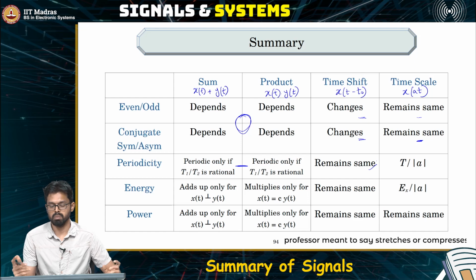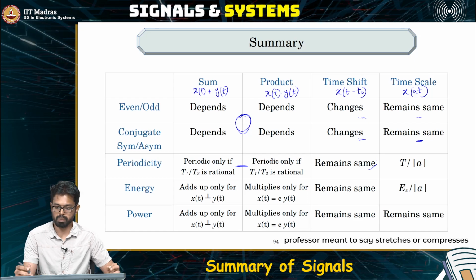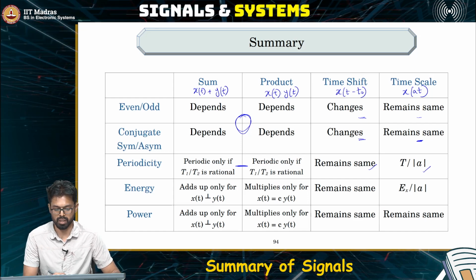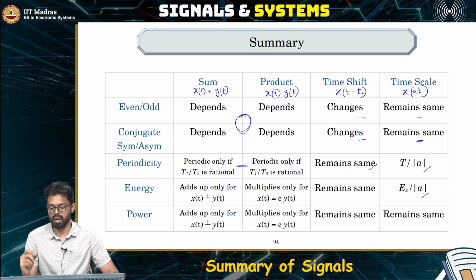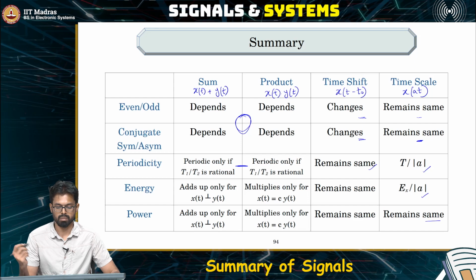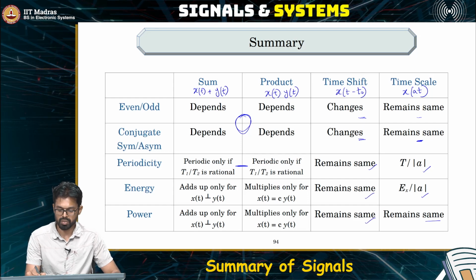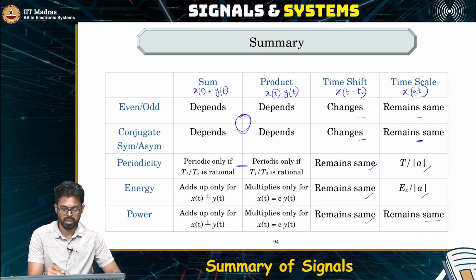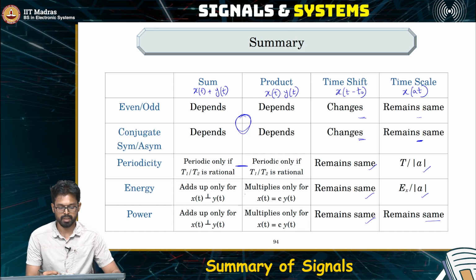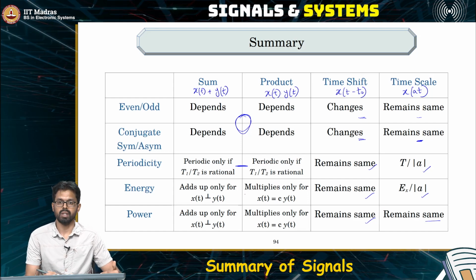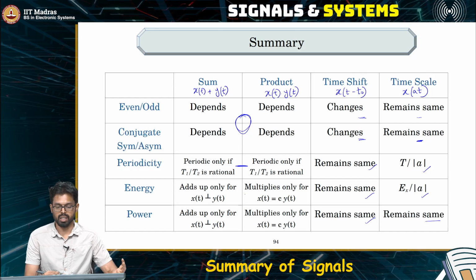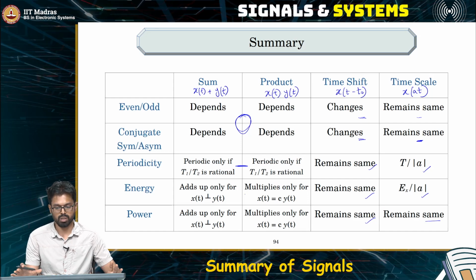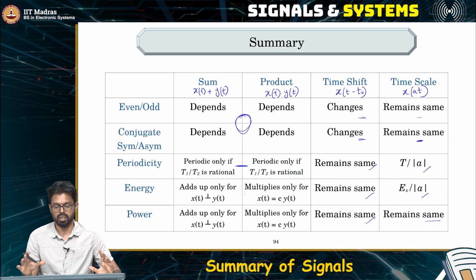If you scale in time, it stretches or expands, which means the period also stretches or expands. Similarly for energy and power, because of the averaging operation, it remains the same. And time shifting really does not affect any of these things. So these are the notions that we saw earlier, how each of the properties gets affected by their manipulation individually. So this is a good summary in the tabular form.